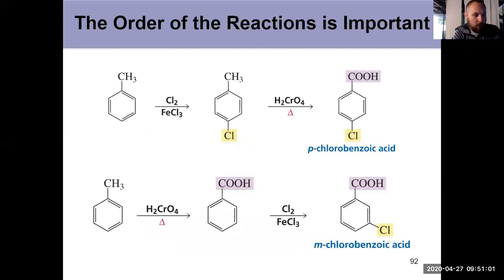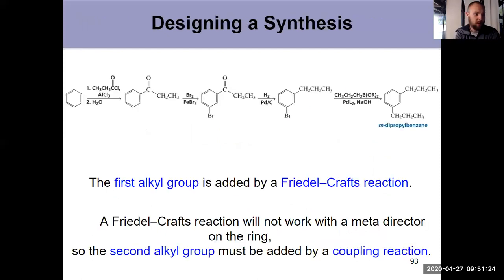What about over here? Do I do a chlorination and then an oxidation, or do I do an oxidation and then a chlorination? Well, again, we see the order of the reactions is important. Do I get a meta group or do I get a para group? When you oxidize, the alkyl substituent can change the reaction if that's not your finished product.